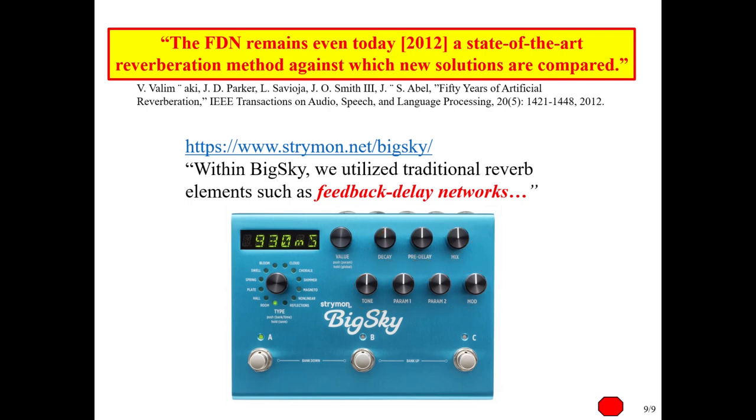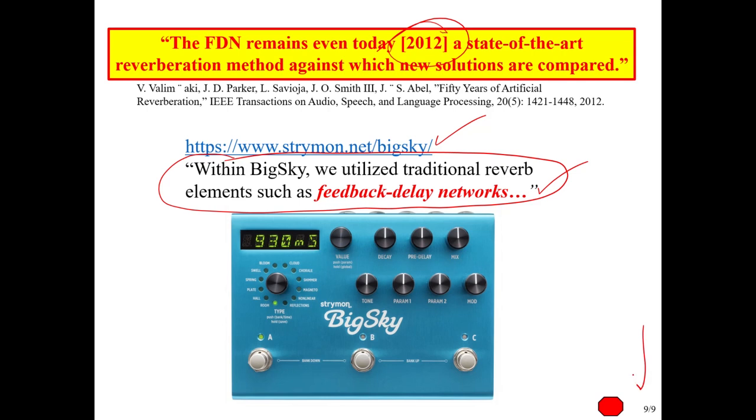And I pointed that out. I think this link is still good. At that link, they say they used feedback delay networks. So that's still the approach even today. Over a decade later, this is still the approach.